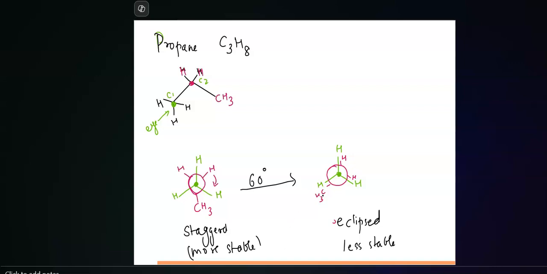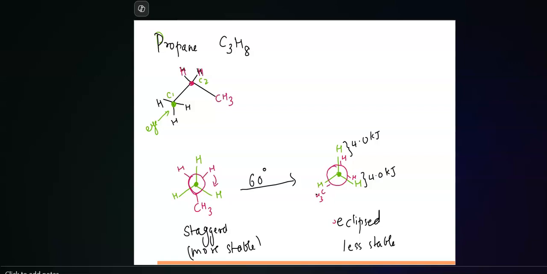So will it be again 12 kilojoules like in ethane? It will not, because in ethane you had three sets of interaction of hydrogen atoms, right? But in this case, these two hydrogen atoms interact and it pertains to 4.0 kilojoules per mole. These two hydrogens interact, and that again is 4.0 kilojoules per mole.